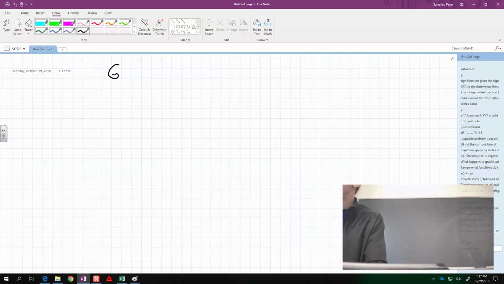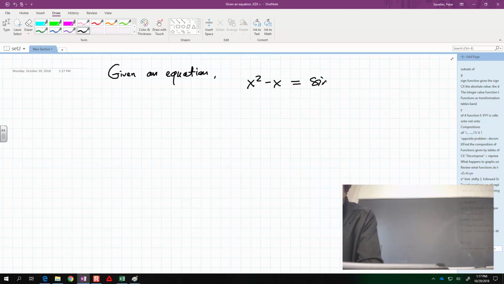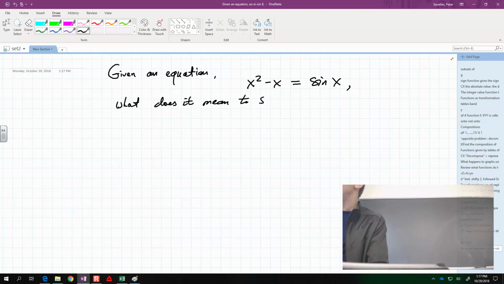So given an equation, it doesn't matter whatsoever what the equation is, what does it mean to solve it?